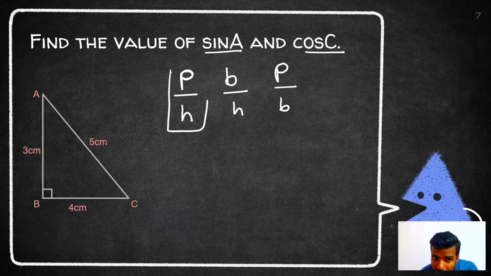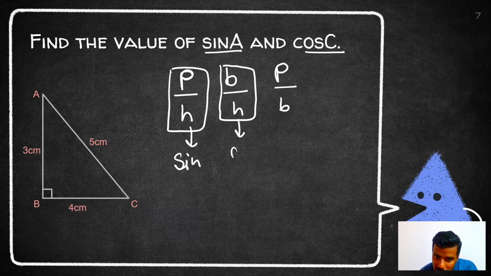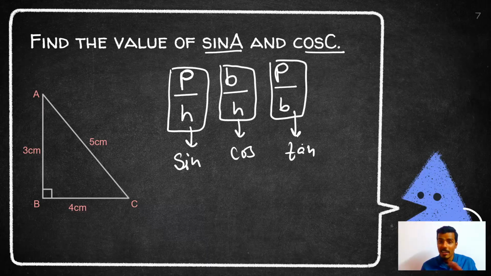This P by H, perpendicular by hypotenuse, is for sine. This B by H is for cos. And this P by B is for tan. The remaining 3 trigonometric ratios are reverses of these: for cosec, H by P, for sec, H by B, and for cot, B by P.